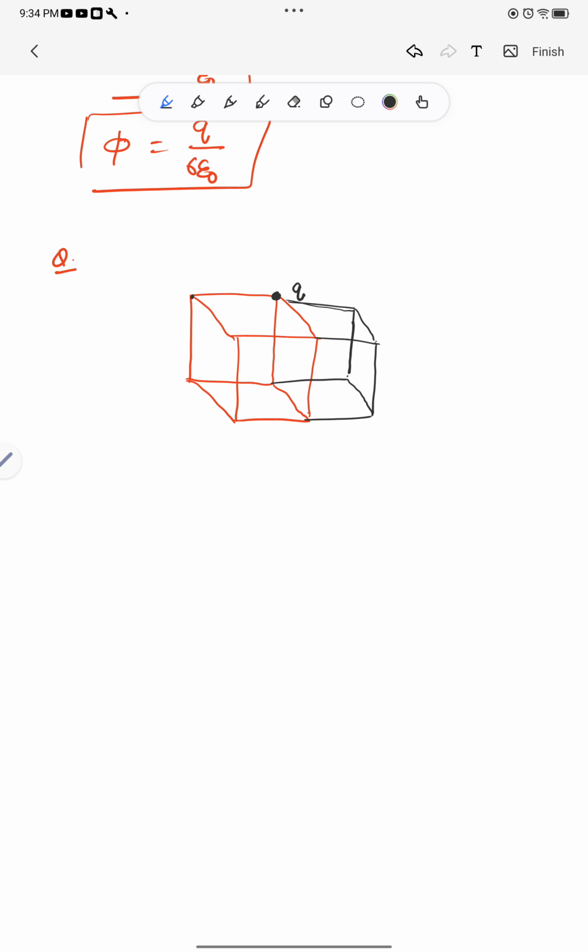But still this charge is not inside the given cube. So we will again place another cube here, and again another cube at this point.